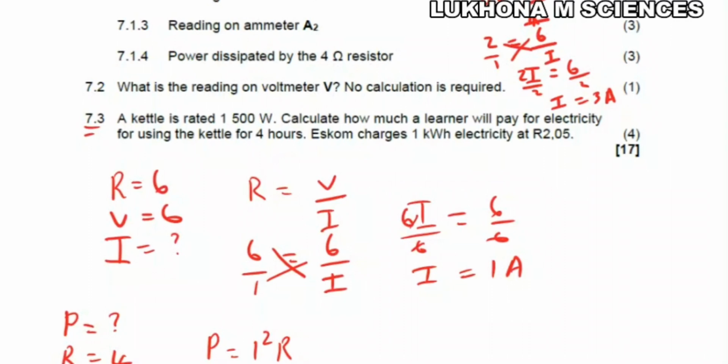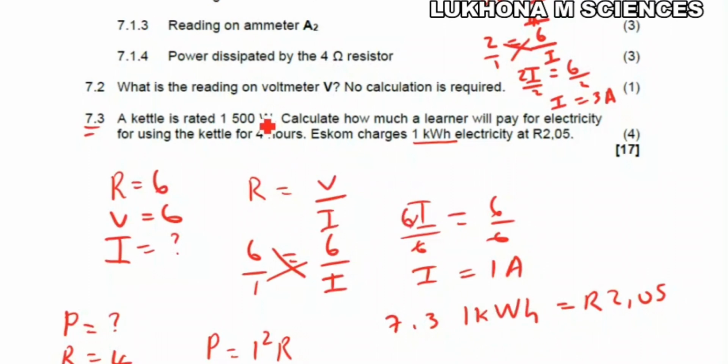The money that will be spent by the learner. So these are tariffs, that is 7.3. So if you can look here, they say 1 kilowatt hour is equal to 2.05 when you sell it. Now we're given the power, which means let's change this power to kilowatt hours because this one is per hour.